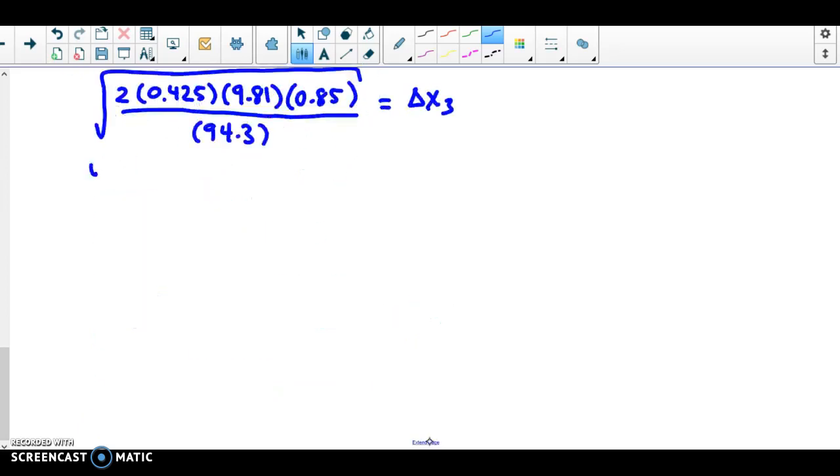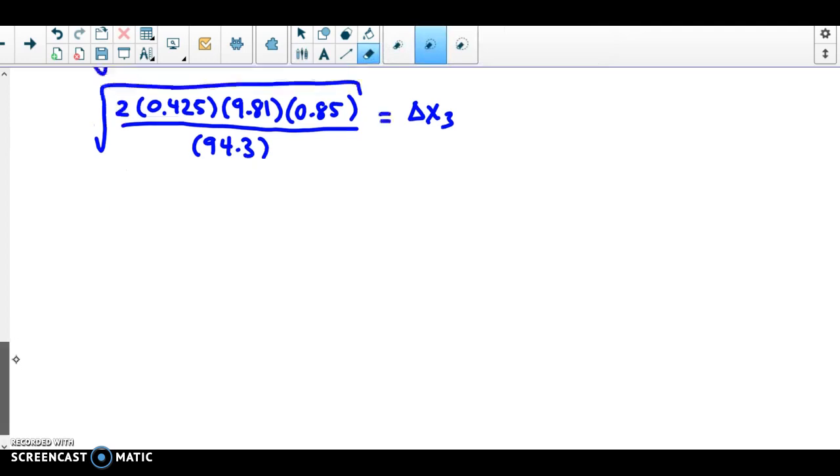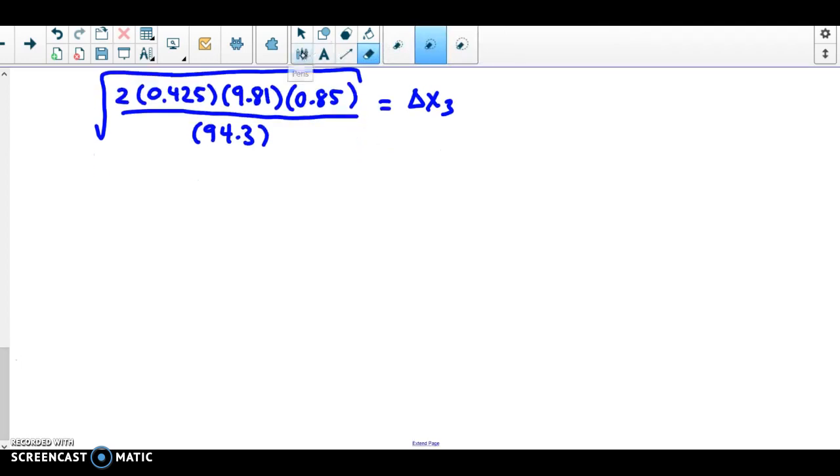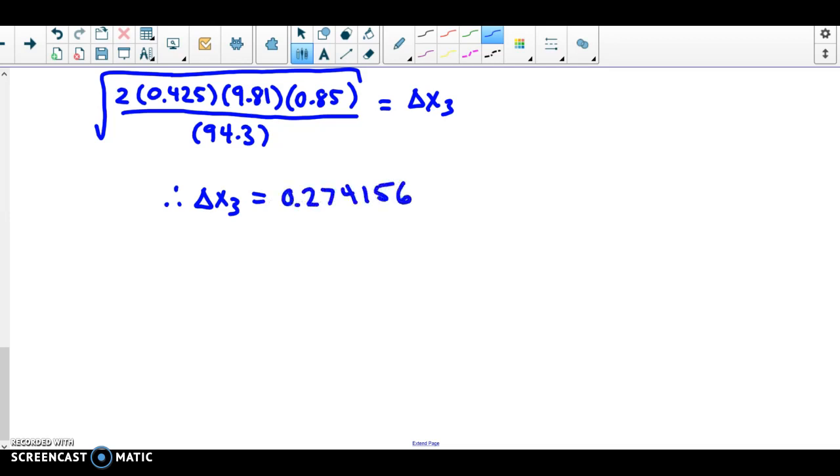Doesn't really want to go down that far. There we go. So in my numerator, actually, I'm not even going to do that because this is a one-step question. Everything is multiplied or divided. In this case, my least precise number has 2 significant figures. So my very last number, which I'll plug directly into my calculator, ends up being 0.274156.